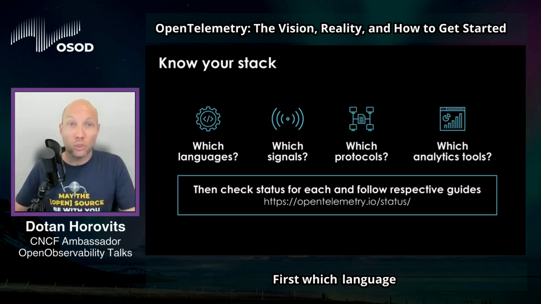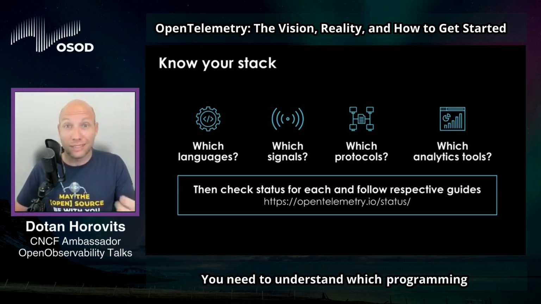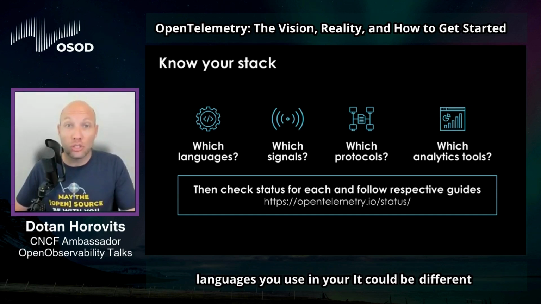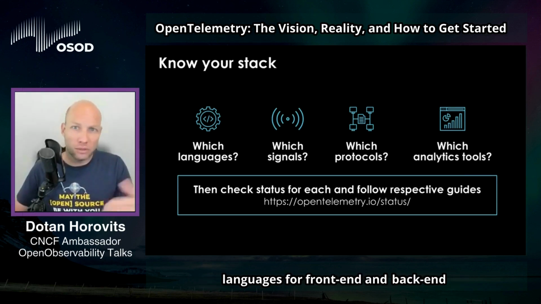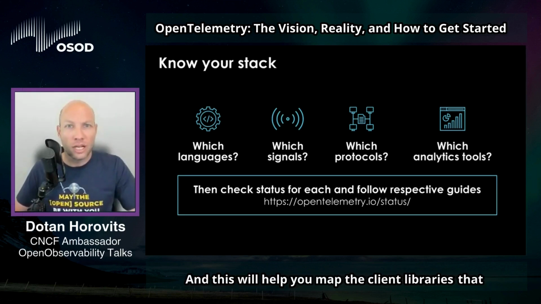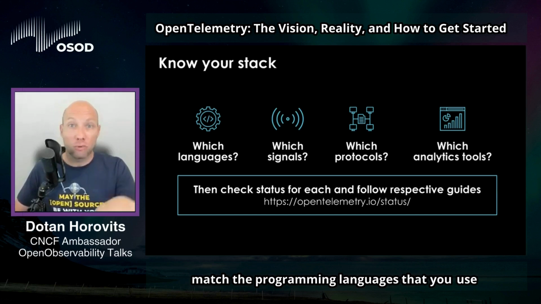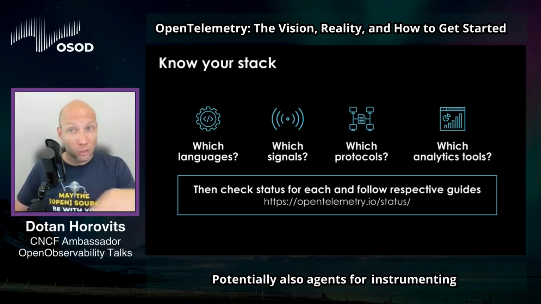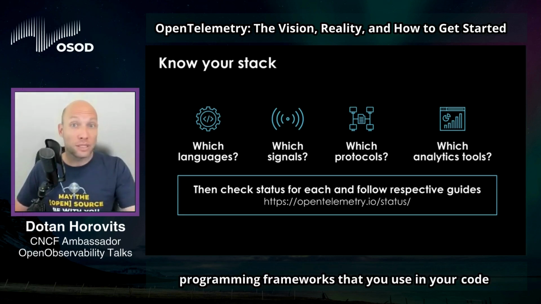First, which language? You need to understand which programming languages you use in your application. It could be different languages for front end and back end. Many organizations have polyglot architectures. This will help you map the client libraries that match the programming languages that you use, and potentially also agents for instrumenting programming frameworks you use in your code.